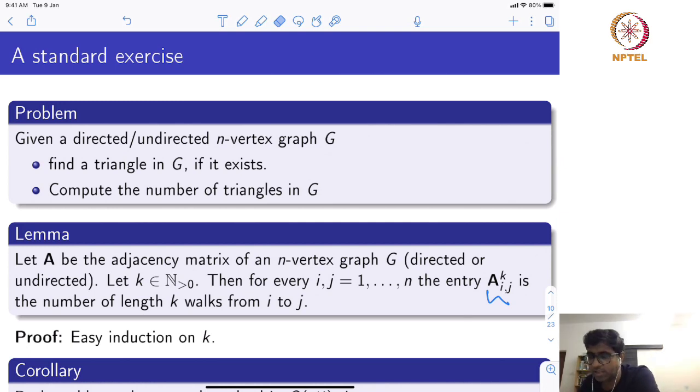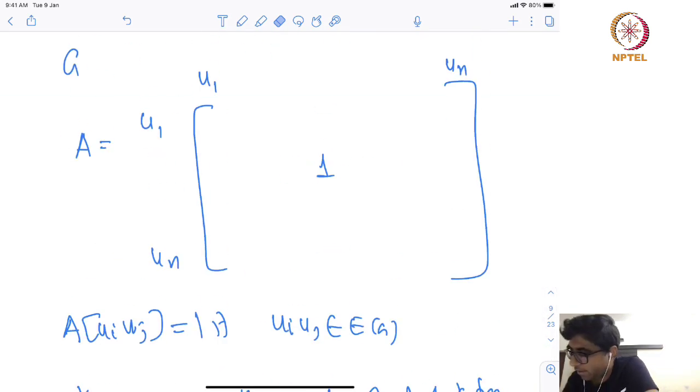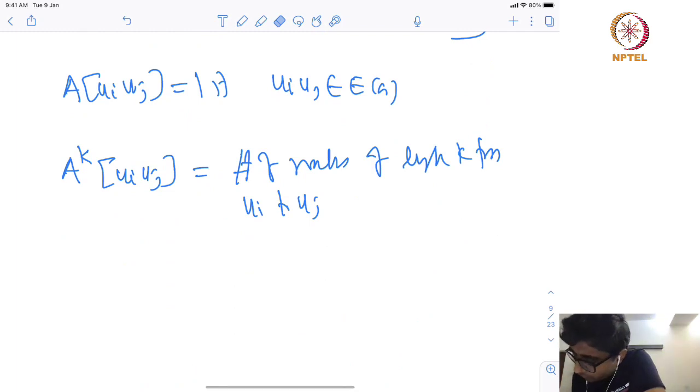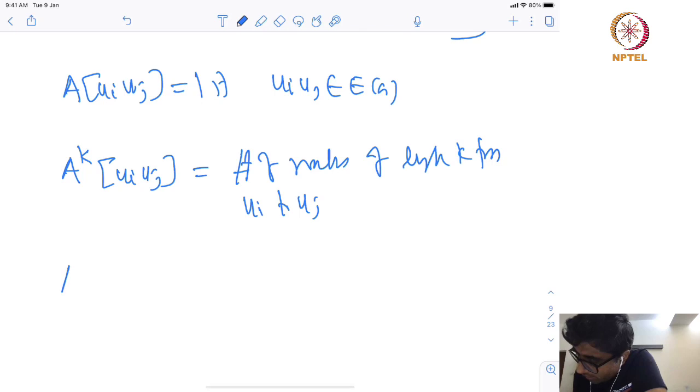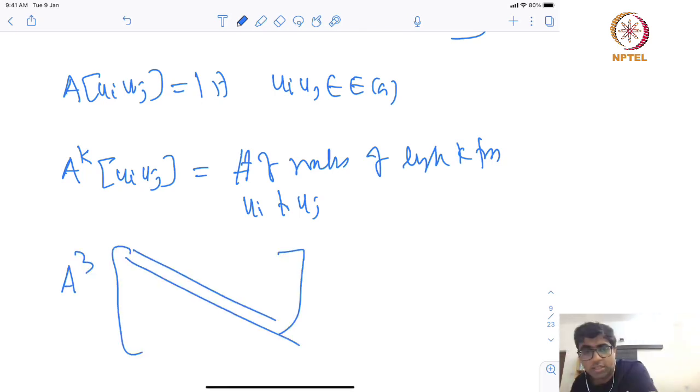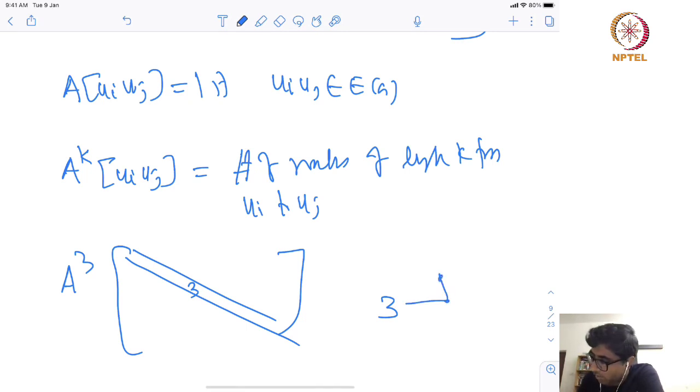Can we find a triangle in G if it exists? If you go back here and look at A cube and look at the diagonal entries. Okay. So, what are diagonal entries? Those are walks which, suppose this is like vertex 3, start at 3, go somewhere and have to come back, and it is a length 3 walk.